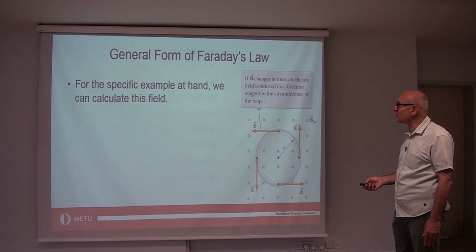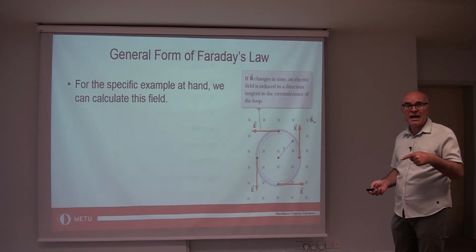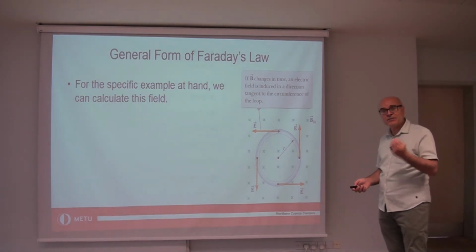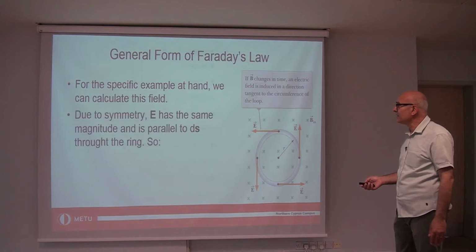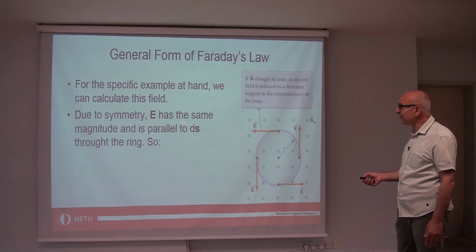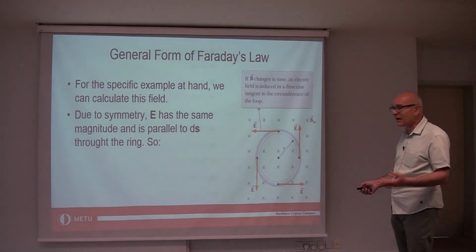Now we can go further for the specific example at hand and derive an expression for the electric field that has been generated. We note that due to the symmetry, as I mentioned at the beginning, this electric field has the same magnitude all the time.